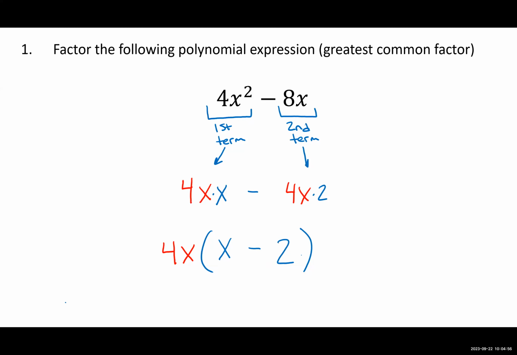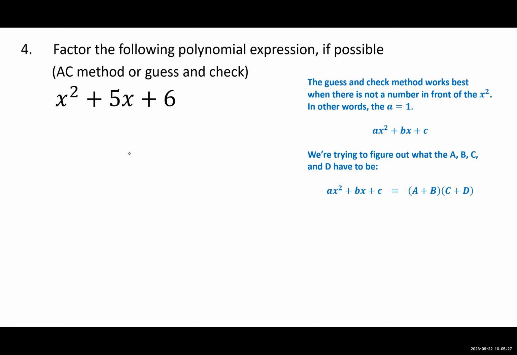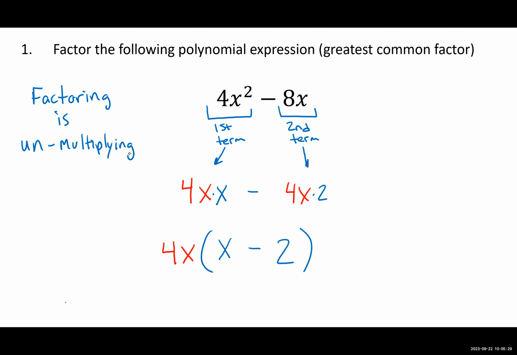Okay, so what are we doing here? When I say pull it out, what does that mean? Why are we allowed to pull it out? Well, what we're doing is it's the reverse of multiplication. So one way to think about factoring is, now this word may sound a little strange, but it's unmultiplying. Factoring is unmultiplying, or the reverse of multiplying.